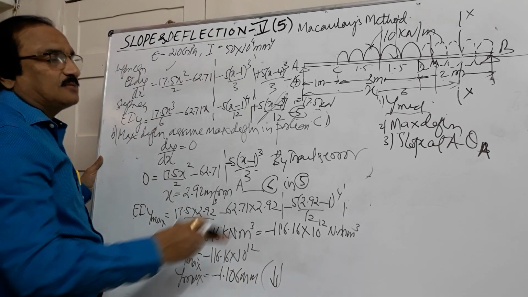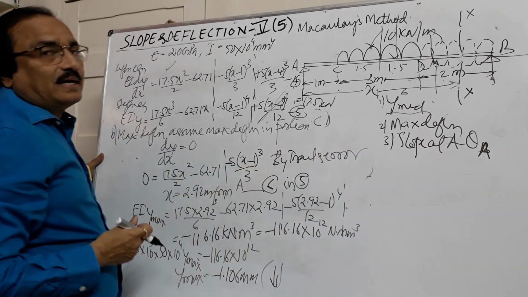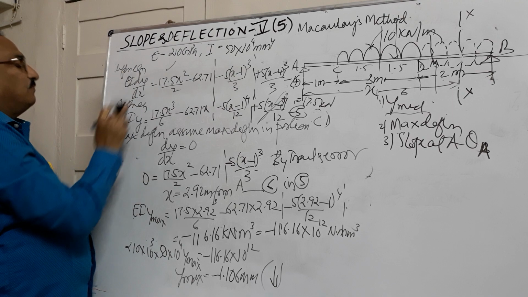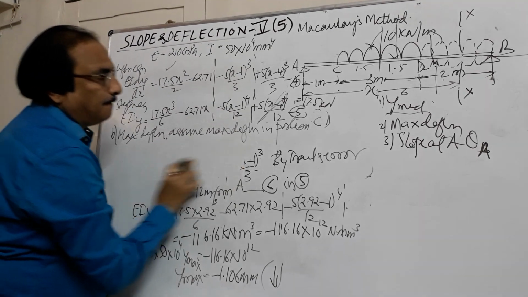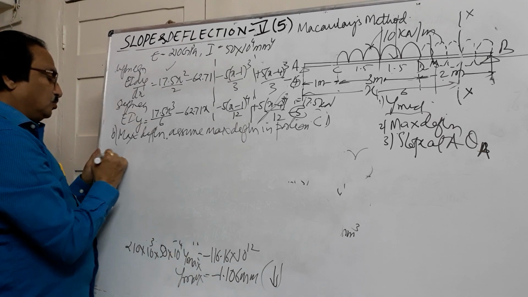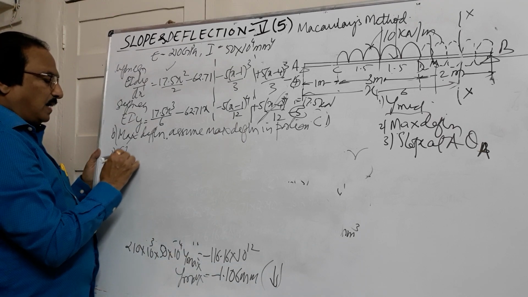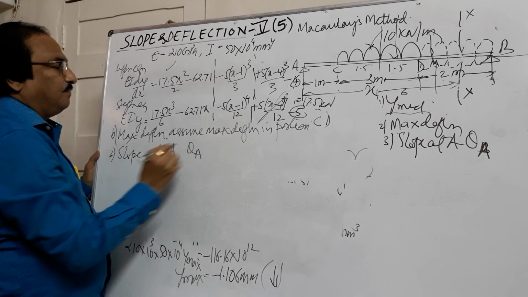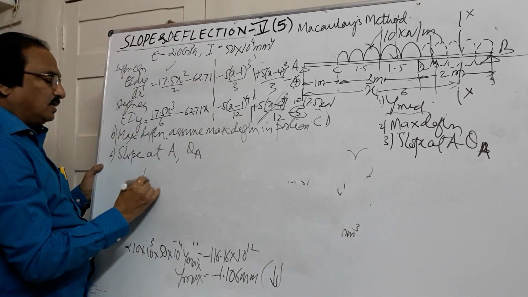Now the last part that is asked is the slope at A. Slope at A means we have got the slope equation here. So third is the slope at A, that is theta A. Let us substitute here.